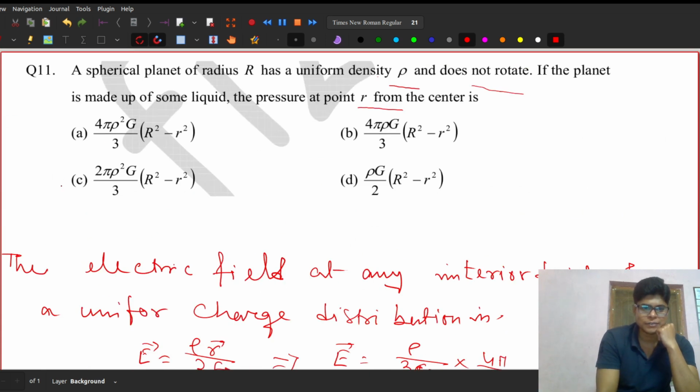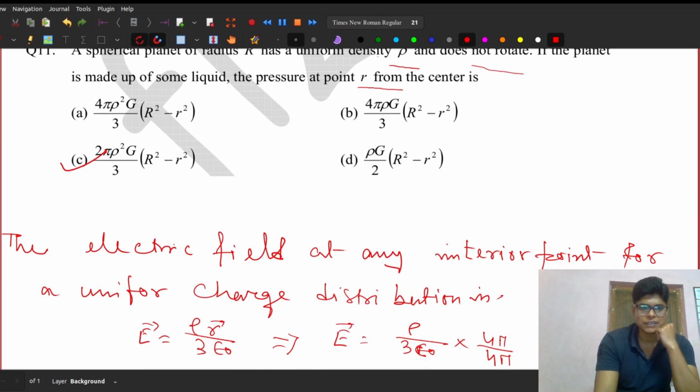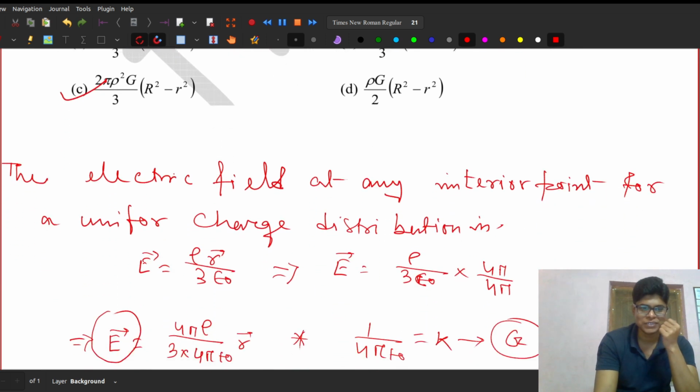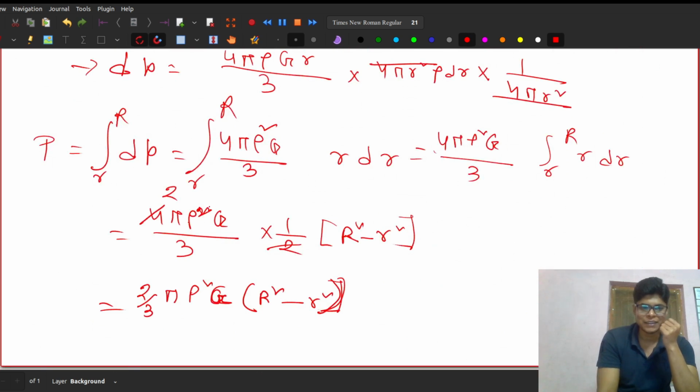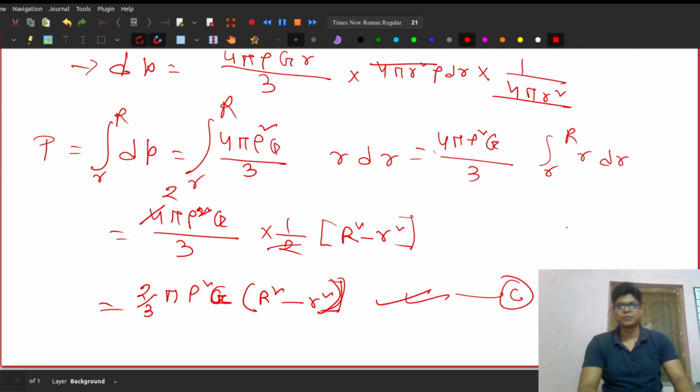Indeed I have. This is option C. Let's recheck: 2 pi rho square G by 3 (R square minus r square), and 2 pi rho square G by 3 (R square minus r square). This is option C. So this is how you solve a problem from gravitation with an elementary idea of electrostatics.